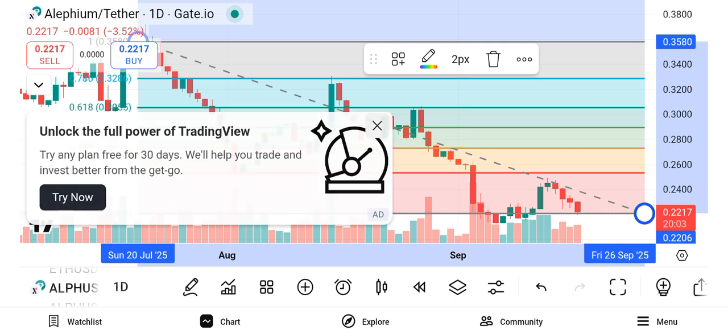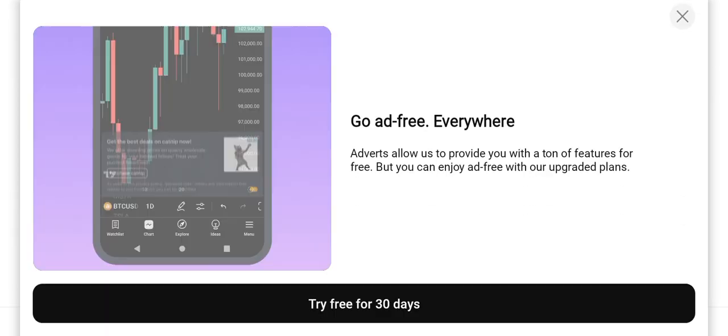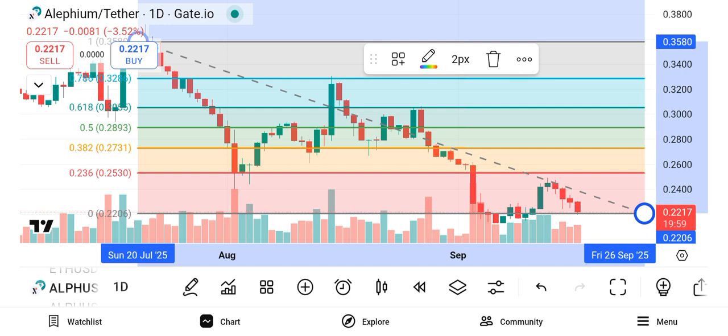That's what we're anticipating for the daily chart. So if you are buying at 0.22, definitely the price is going to retrace back to 0.31 or 0.32. If you're checking at 78.6%, we're expecting a 0.33 price retracement at this particular point.